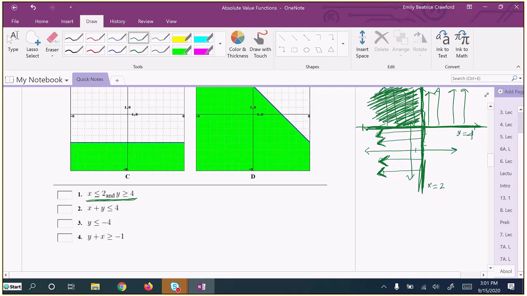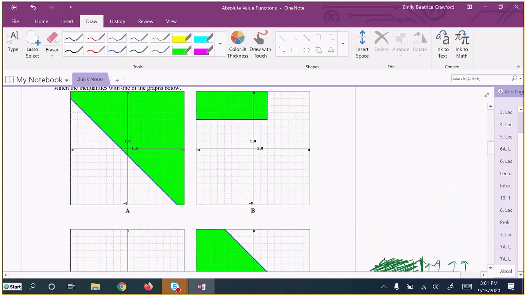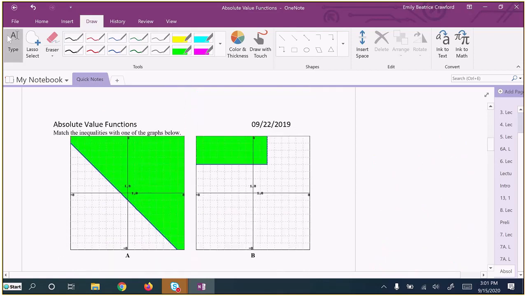So clearly, this first inequality refers to the graph given in B. So I will say this is inequality 1.